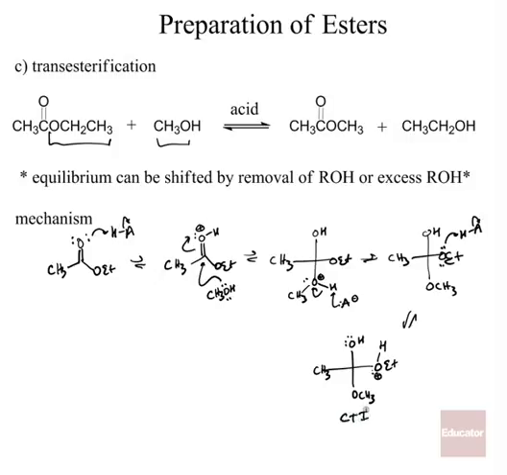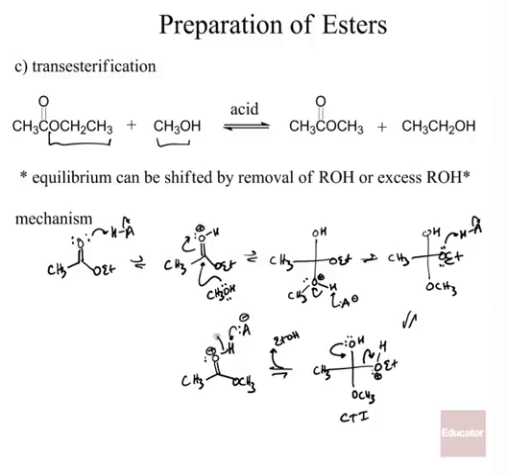Here's my CTI and here's my two-arrow collapse. So I just lost a molecule of ethanol and I recreated my carbonyl. And all I need to do is deprotonate, and I'm at my final ester.